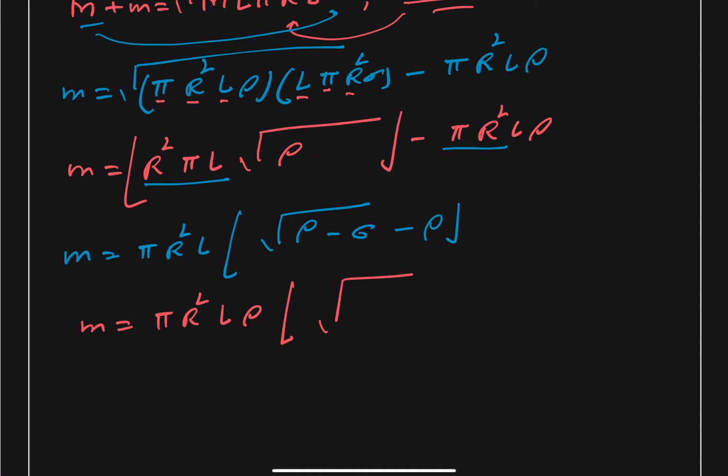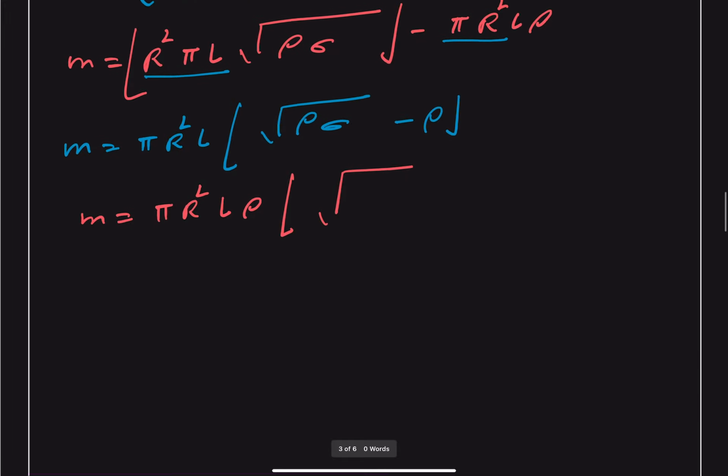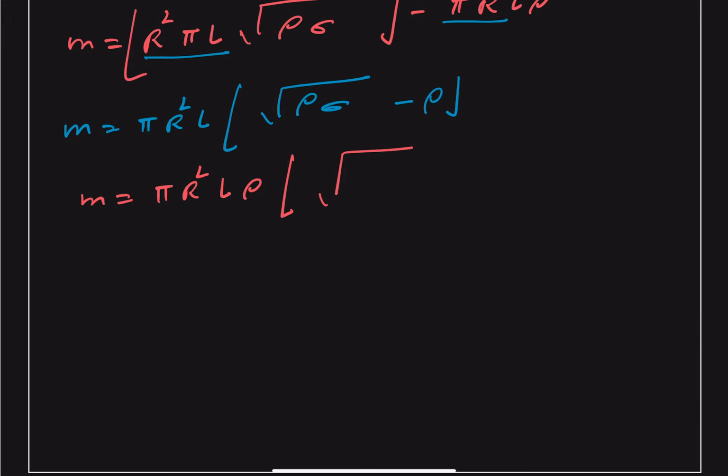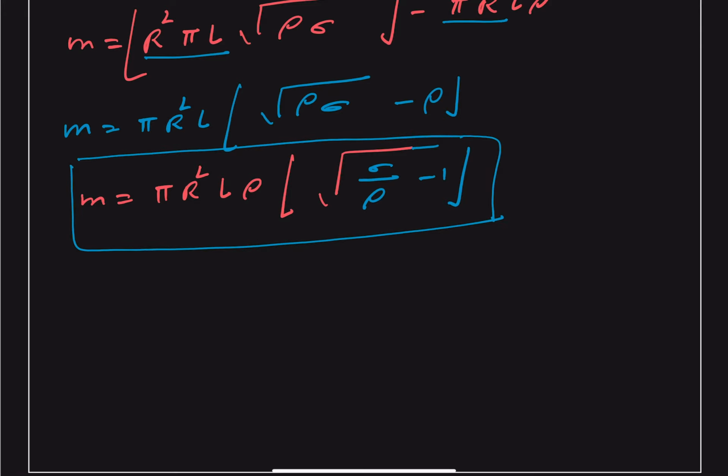This is sigma: the product of these two terms and this term, and here also it should be multiplied by sigma. Yeah, I think now it's correct. This comes as square root of rho upon sigma minus 1. So this is the value of the mass which we are supposed to find out.